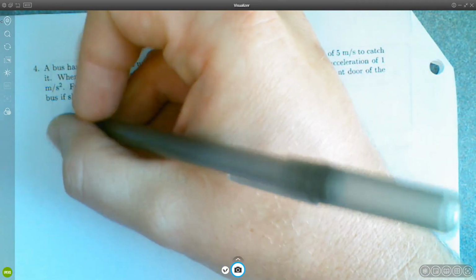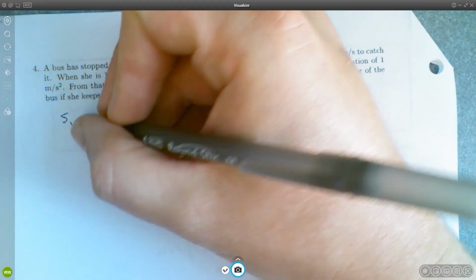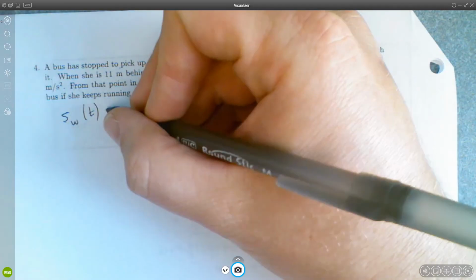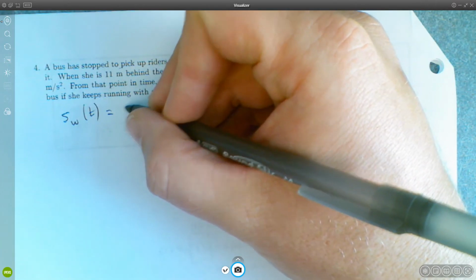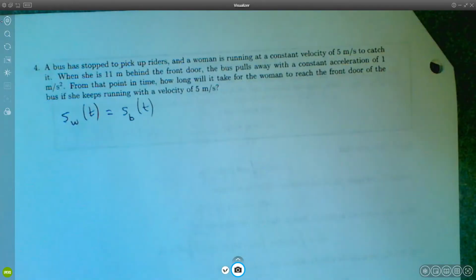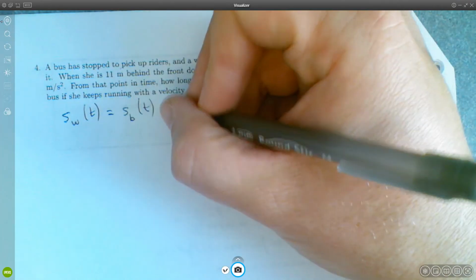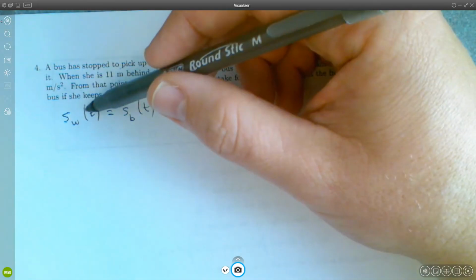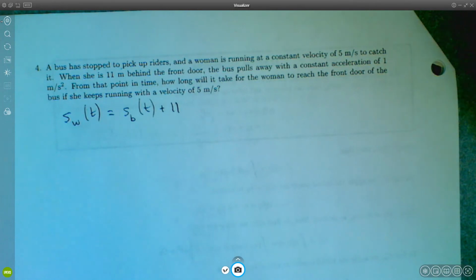So I'll call it S sub W for the woman, the distance that the woman has to travel in a particular amount of time t. That's going to have to be equal to the distance that the bus will travel, which I'll call S sub B, within that same interval of time t. But she also has to run the 11 meters that she was behind to begin with, right? So she has to go as far as the bus goes, plus an additional 11 meters to catch up to it. Okay.